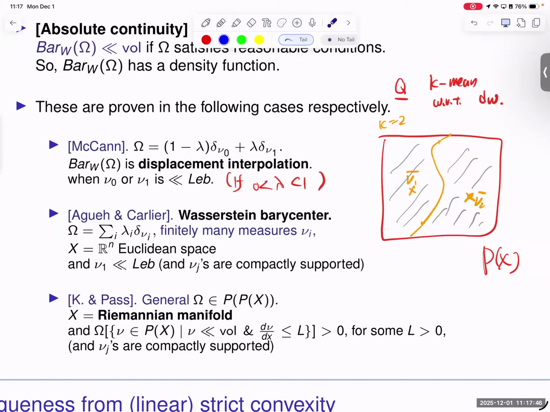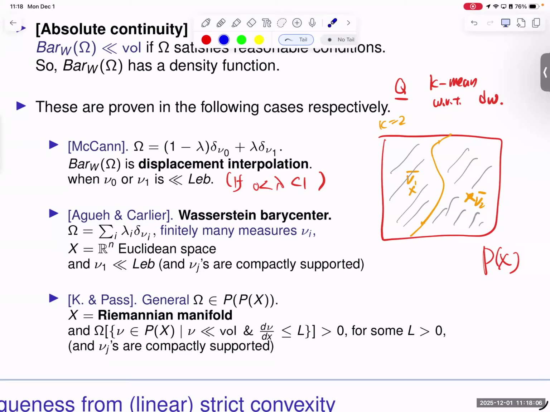So whenever you want to find some kind of weighted points approximating the given omega, you end up dividing the space. That's what k-means does.